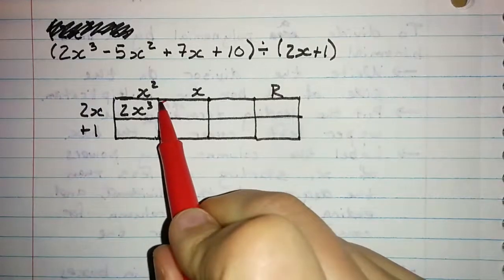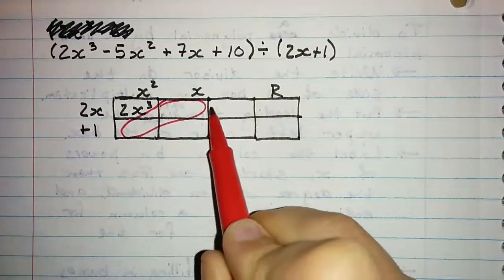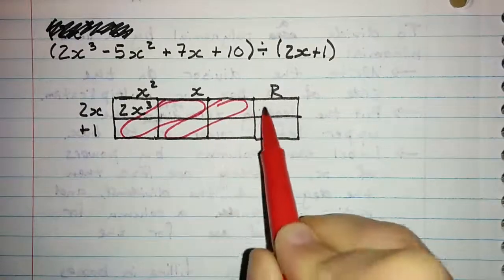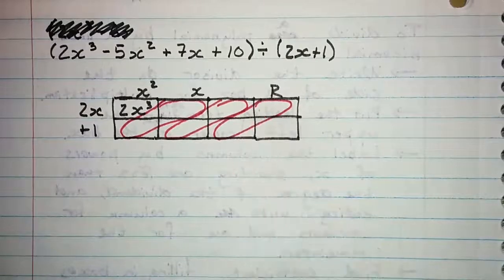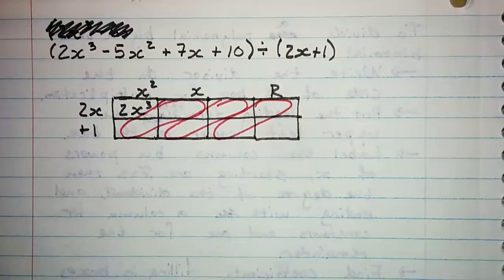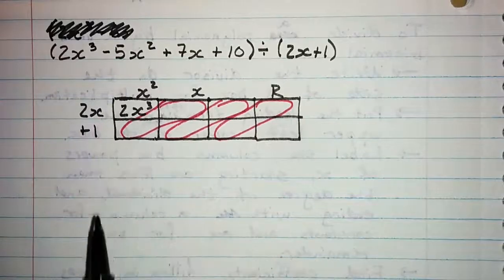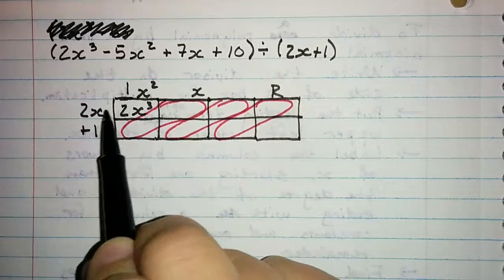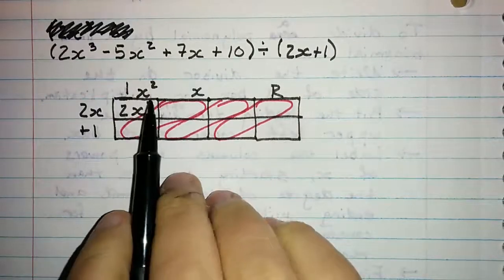Again, remember we expect to see x squared down this diagonal, x down this diagonal, and constants down this diagonal. So 2x times what will give me 2x cubed? 2x times 1x squared will give me 2x cubed.